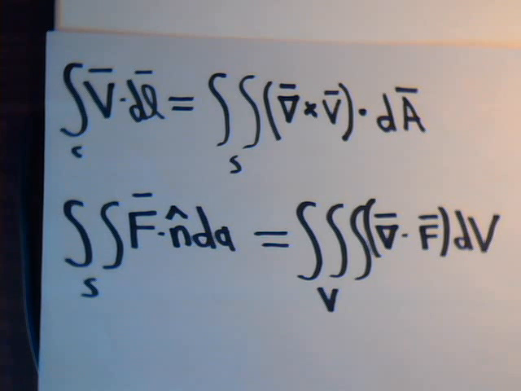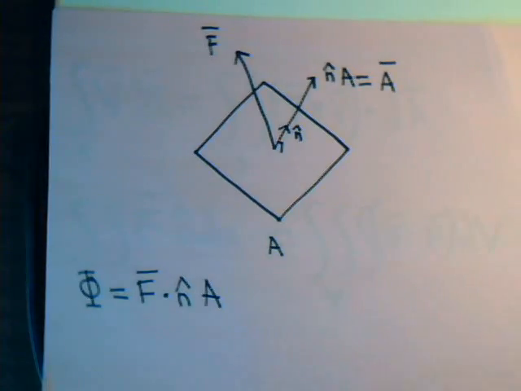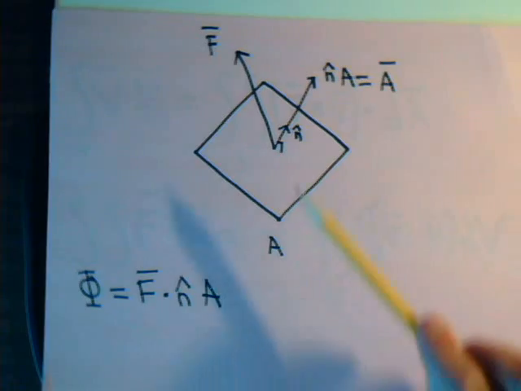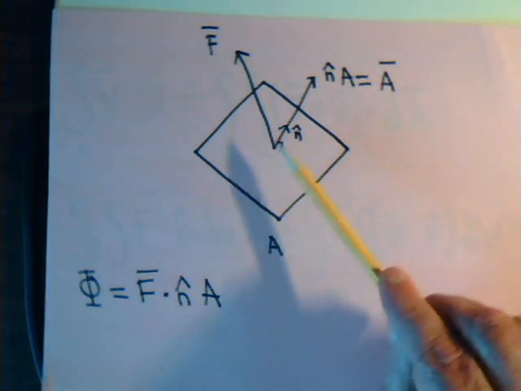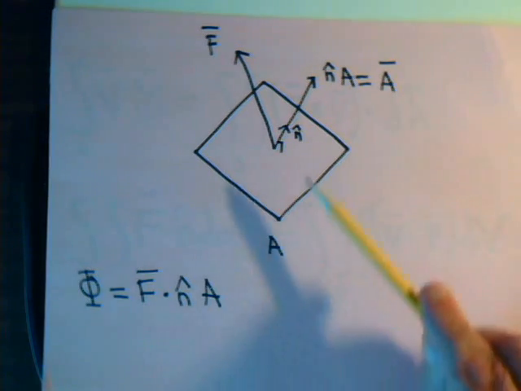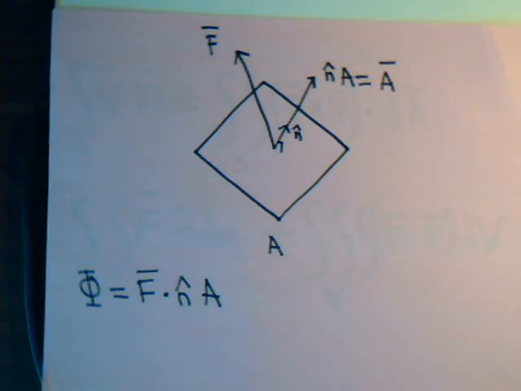Let's start off with what is the flux of a vector. And that basic concept is pretty straightforward. Suppose that this is an area element of magnitude A, and here is a unit normal vector to that area surface. So the unit normal vector times the magnitude of the area would be the area vector.